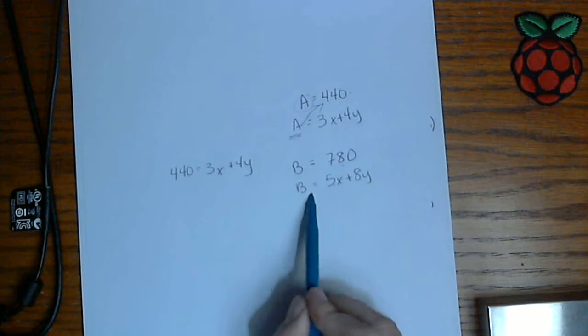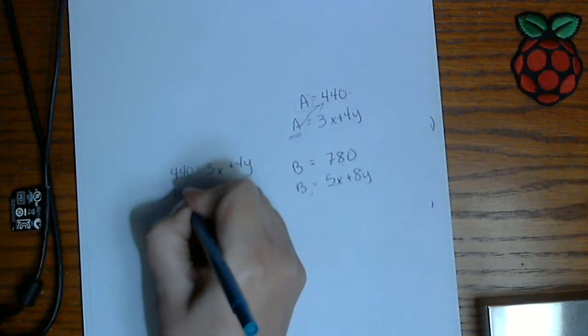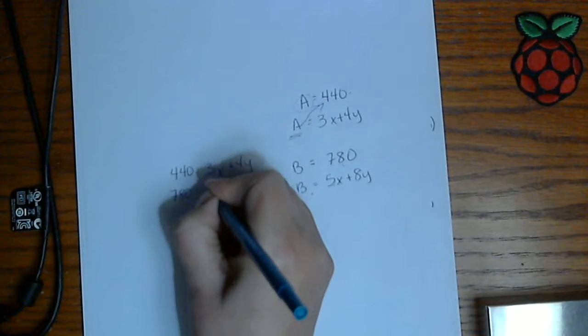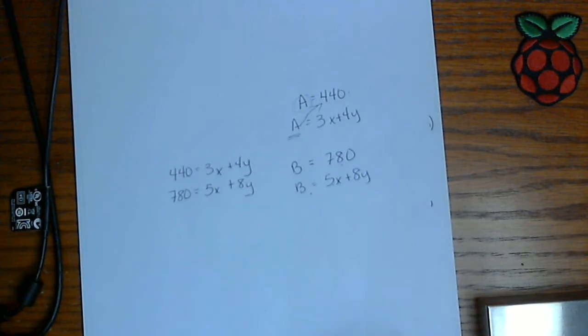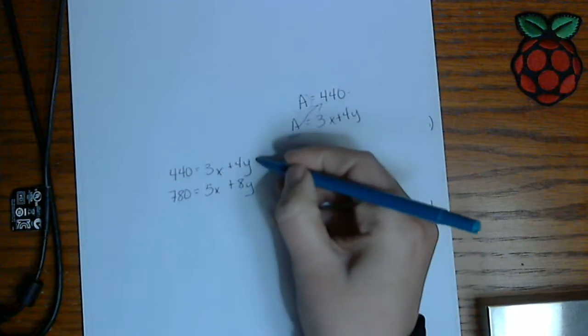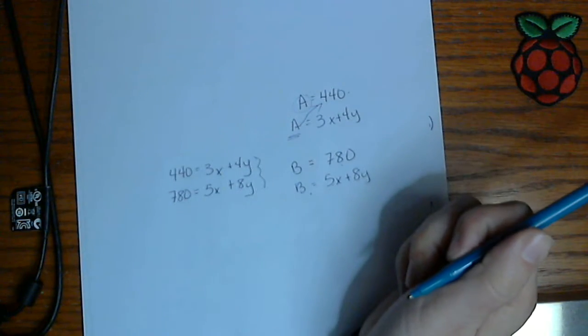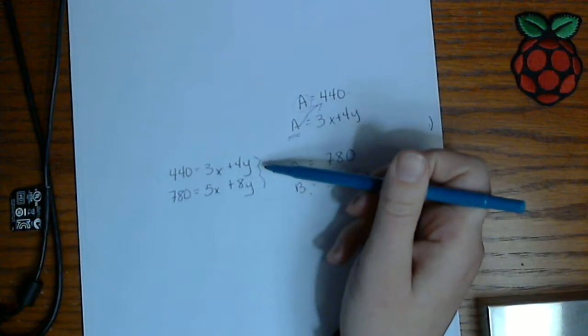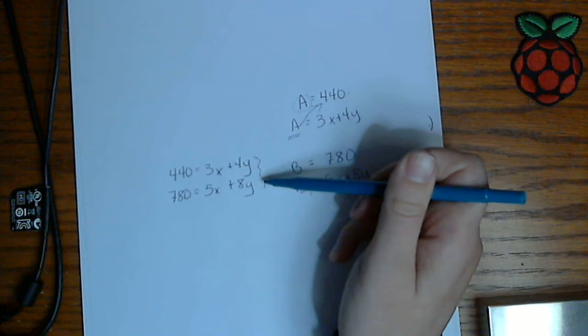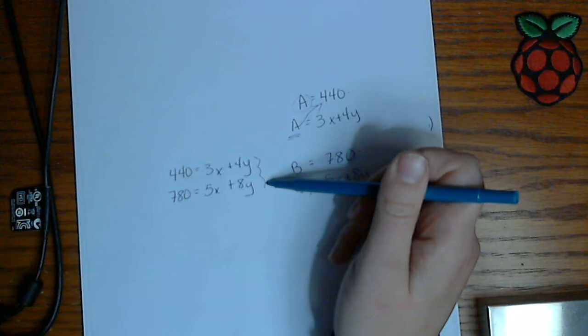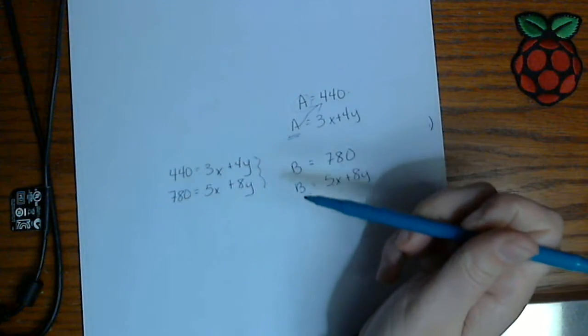And same thing on the second one, $780 is going to equal 5X plus 8Y. Now we have a system of equations with 2 variables, X and Y, and we can go ahead and solve for those, just like we would in any of the other systems of equations problems that we've been talking about so far in Chapter 7.